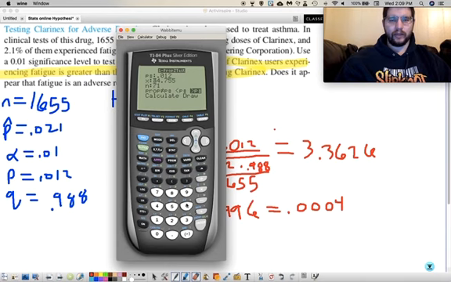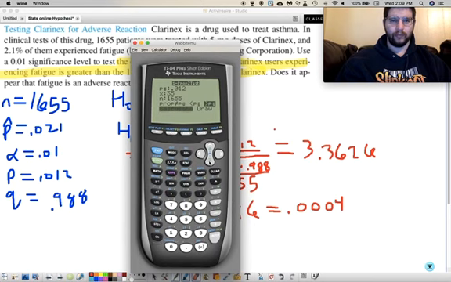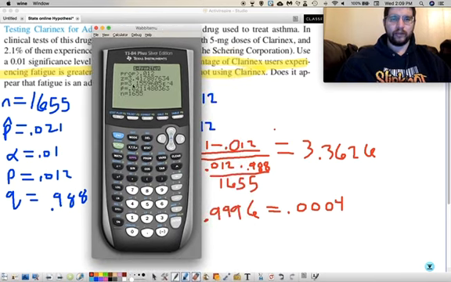Oh, got around that, 35. And n was 1,655. And we have a right tail. Okay, so this gives us a p-value of 0.0003 actually. And our test statistic was 3.417.